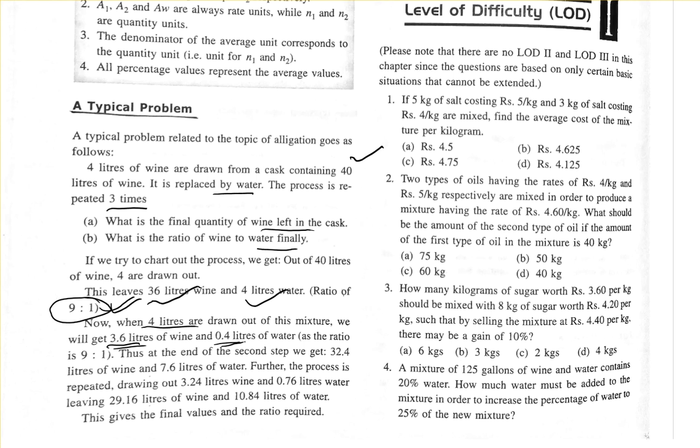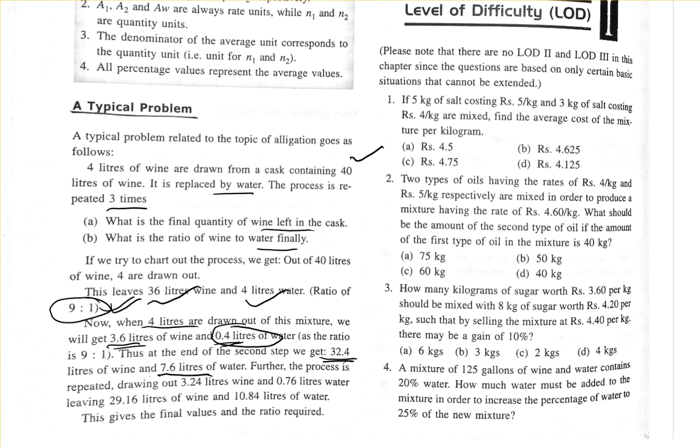So total water is 7.6 and total wine is 32.4, because 2 times you added 4 liters of water but 0.4 liter you also withdrew. So 7.6 liters of water is there and the remaining is wine. Total is still 40 liters.